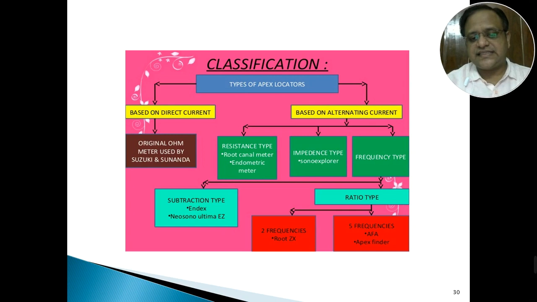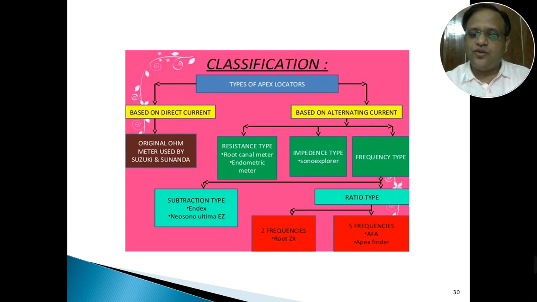Even today Root ZX proves very high acceptability in the world of endodontics. New generations have turned up, but it is really good. Coming to five frequency or multi frequency apex finders, there are different ones like Elements, or from Dentsply there are different products like Pixie or Propex 2.